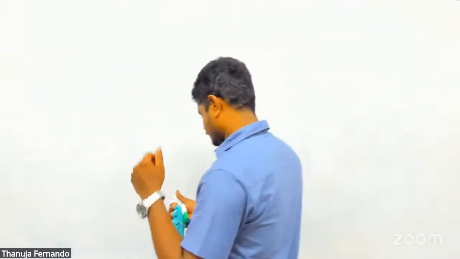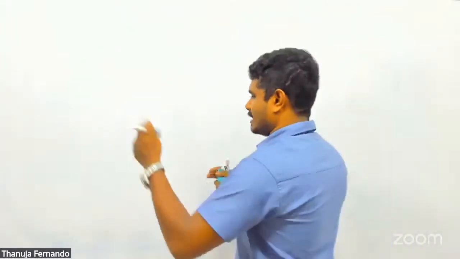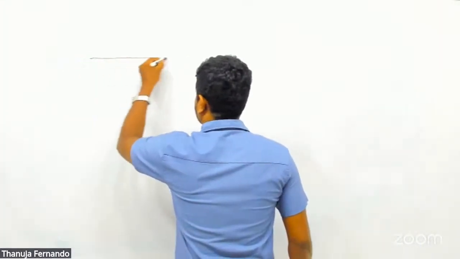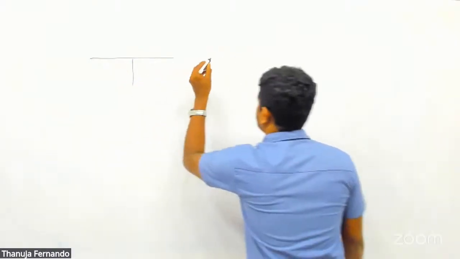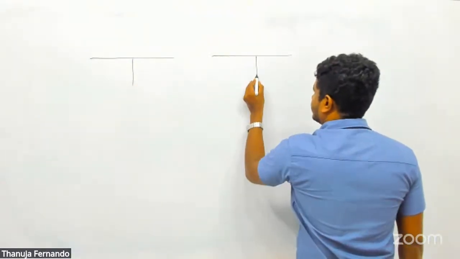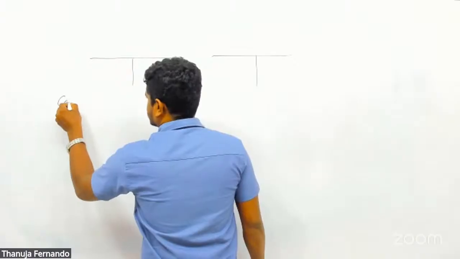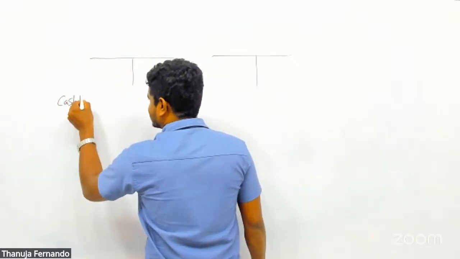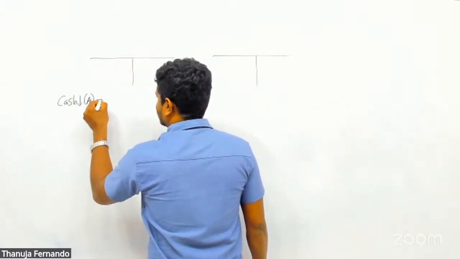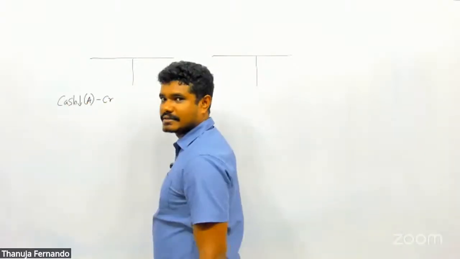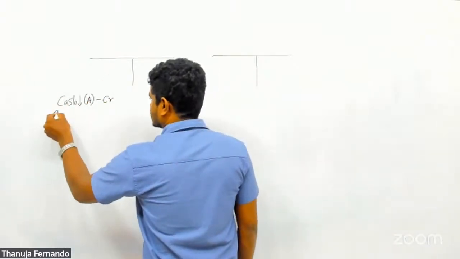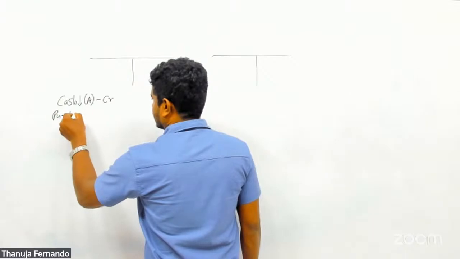Right, first one, purchase 40,000. When we just purchase, it's a cash purchase. Then we need two accounts, right? When we make a cash purchase, cash in the business is decreasing. Cash is an asset decreasing, credit. On the other hand, purchase increasing.